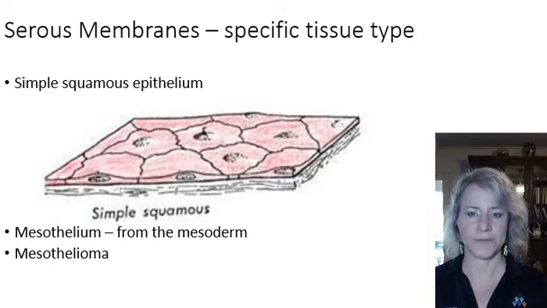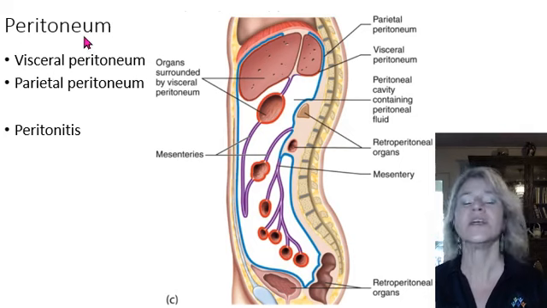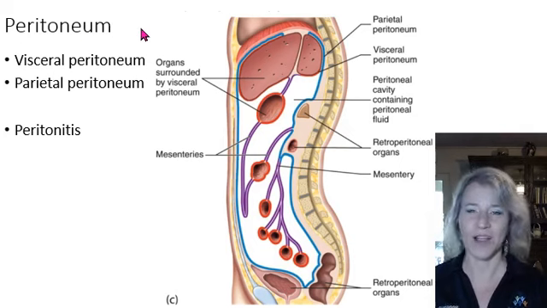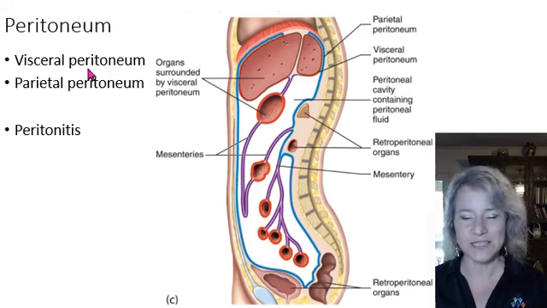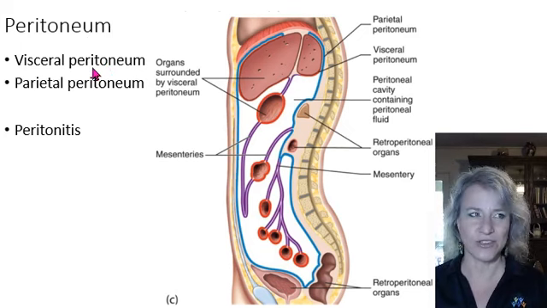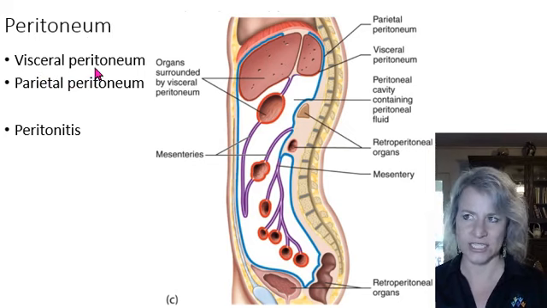Okay, the peritoneum. So the peritoneum, that we already know, is the serous membrane around your guts. And you have the visceral peritoneum that is attached to the organ, like the stomach, which is constantly moving, small intestine, large intestine.